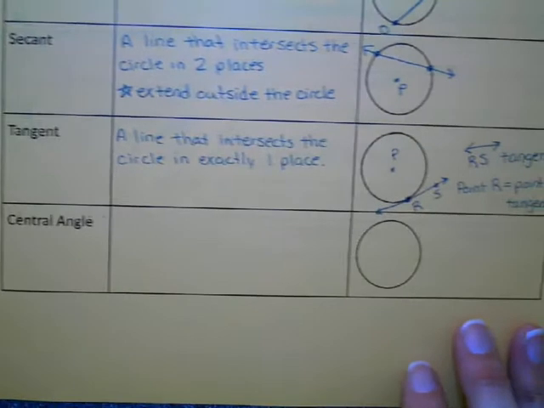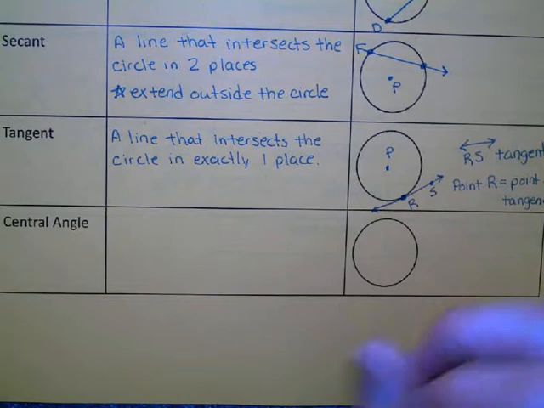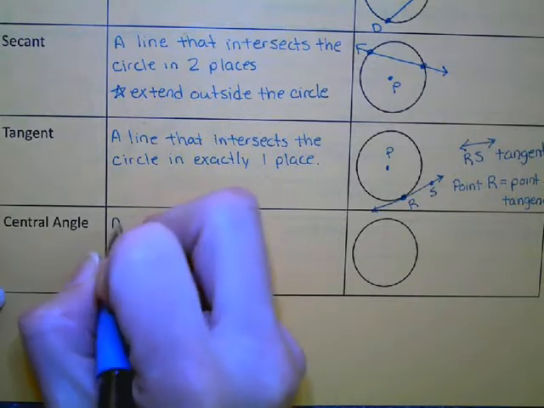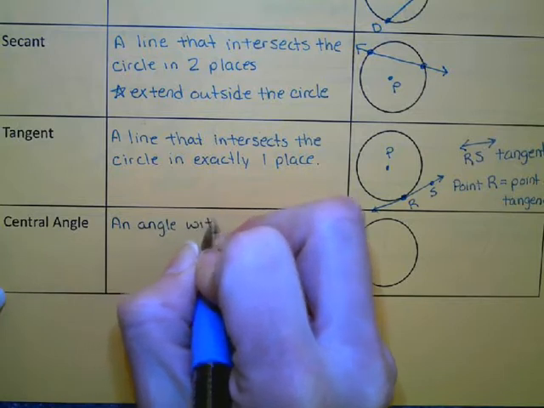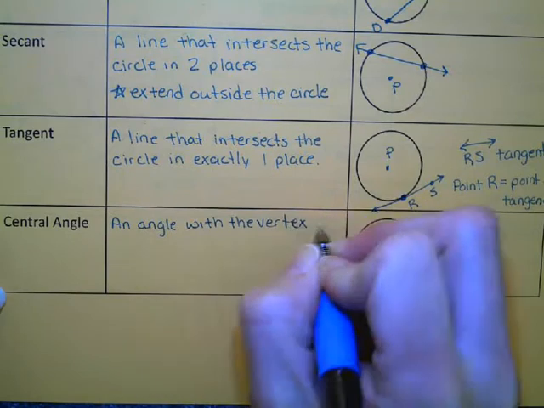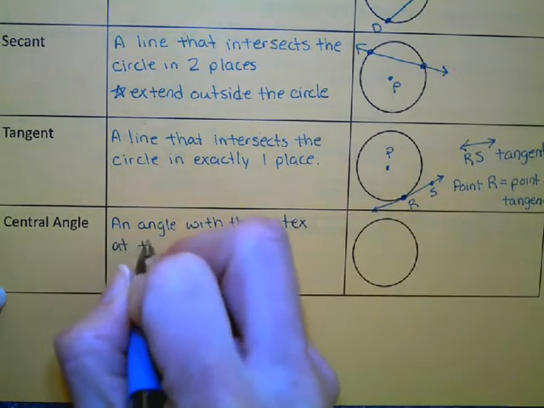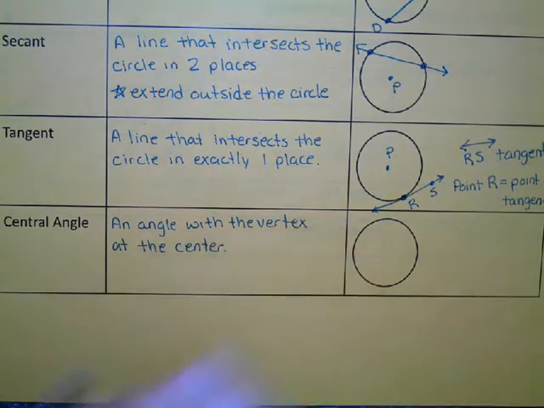Alright, now we're going to talk about angles. Those are all types of line segments or lines. A central angle is located at the center of a circle. So it's an angle with the vertex at the center. Okay, and let's see, it's two sides that are radii.